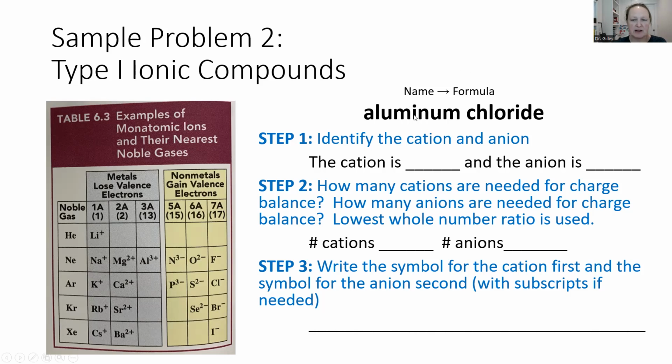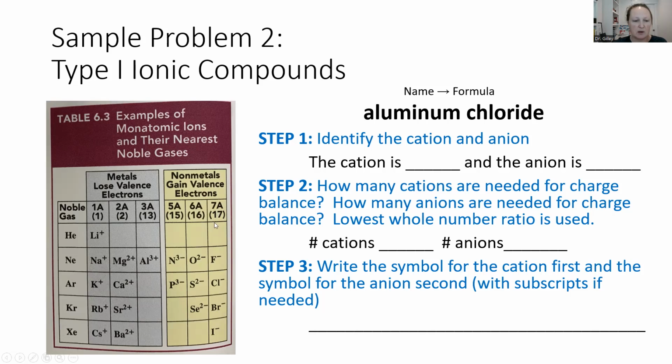So we want to go to the periodic table, figure out the symbol for aluminum, which is Al, right? And then figure out the charge on that. Aluminum only forms one type of ion, which is Al3+. The anion is chloride, right?